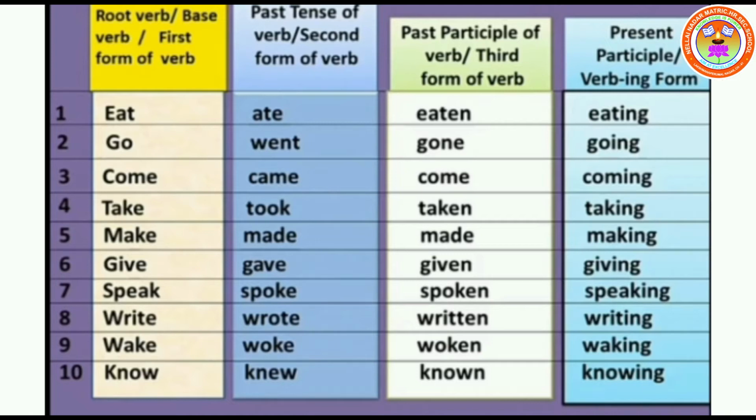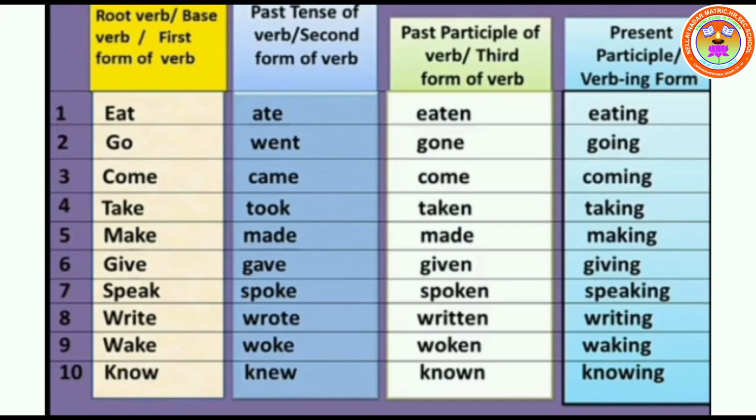Otherwise, we call them V1, V2, V3 and verb plus ing form. See the first column, children: the root verb, base verb, first form of the verb. These words are otherwise called action words.